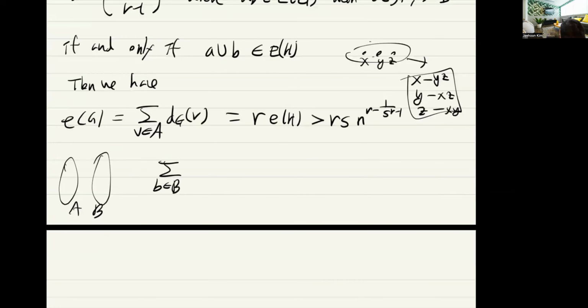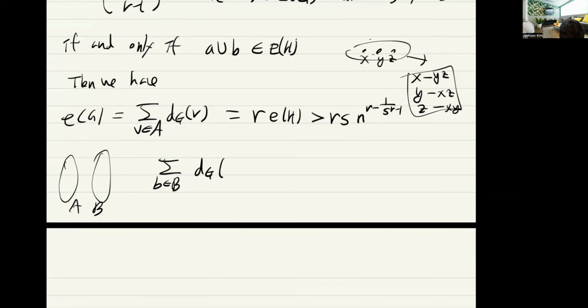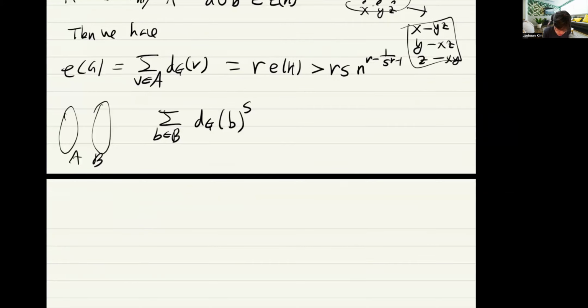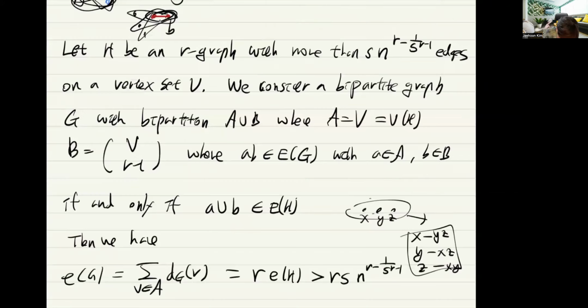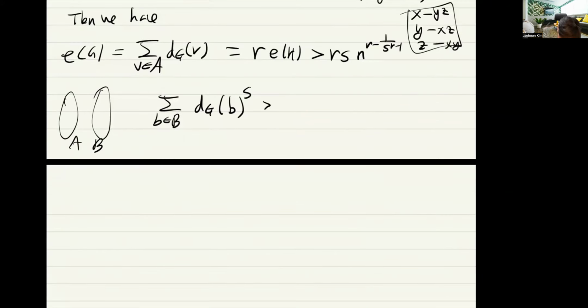We count the degree. Instead of choosing F from this degree, let's just count every S-tuple. That's easier for the calculation.